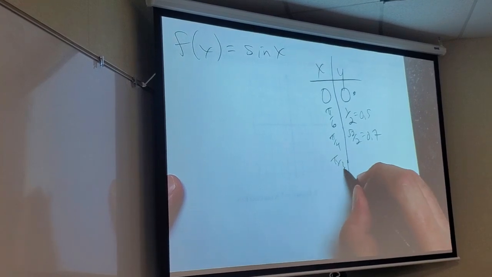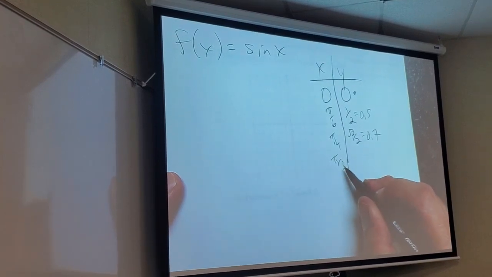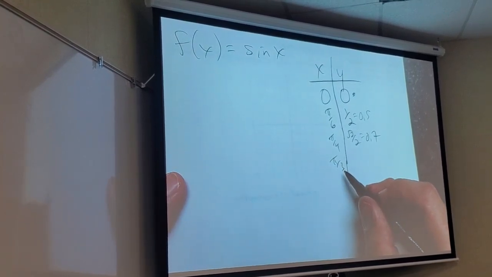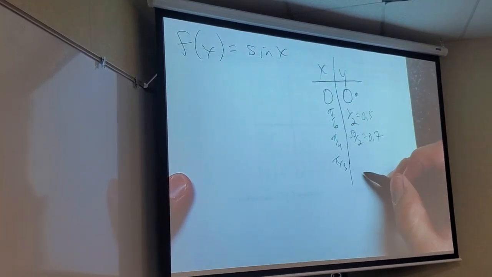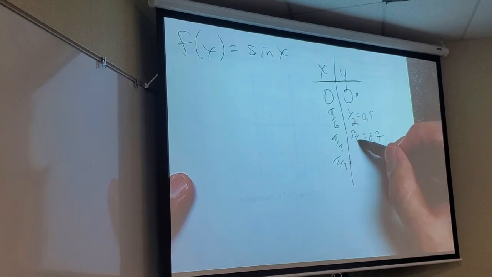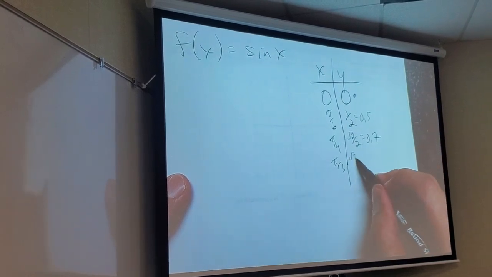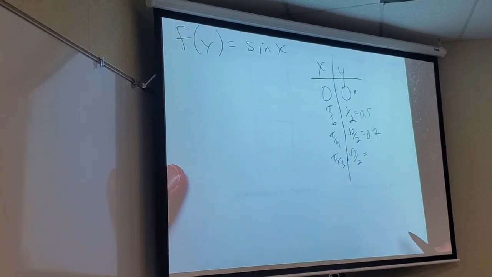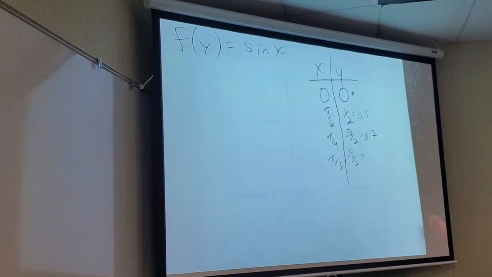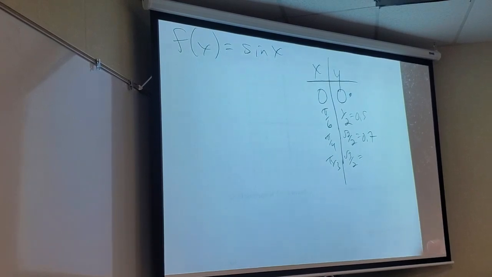Pi over 3. What is that in degrees? 60 degrees. Okay, cool. You can kind of see the pattern developing here, right? Root 0 over 2, root 1 over 2, root 2 over 2, root 3 over 2. Root 3 over 2, I don't have memorized. I think it's about 0.9. Can you check me on that? 0.866.